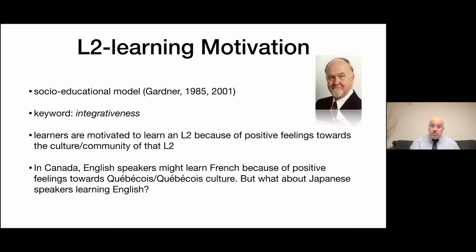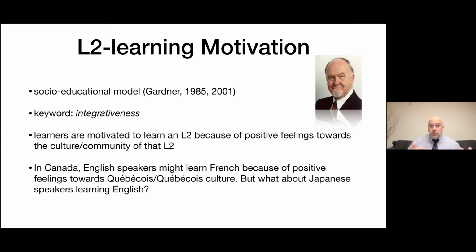However, in other cultures outside of Canada, the model was less successful. Since the 1980s, there have been criticisms of the model. One of the most important criticisms is that the model doesn't capture the necessity of English as a global language. For example, the model can successfully explain why English speakers might learn French, or French speakers might learn English in Canada.